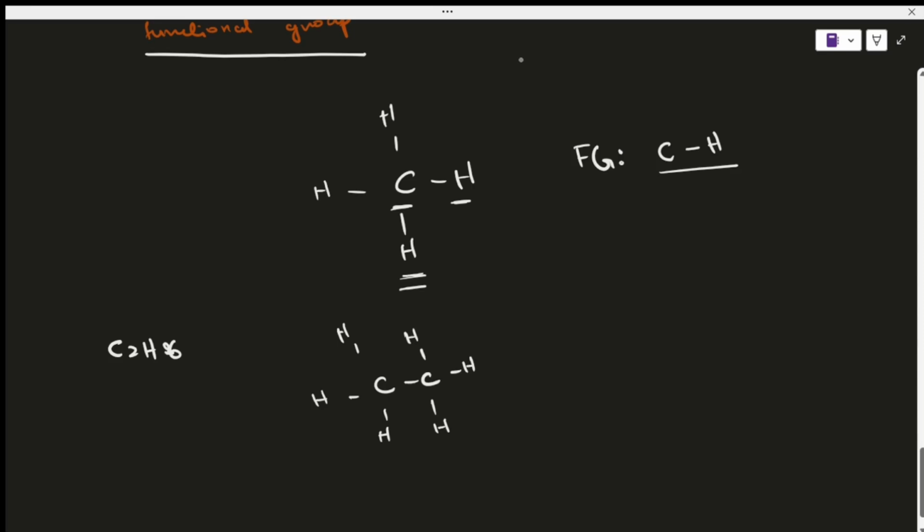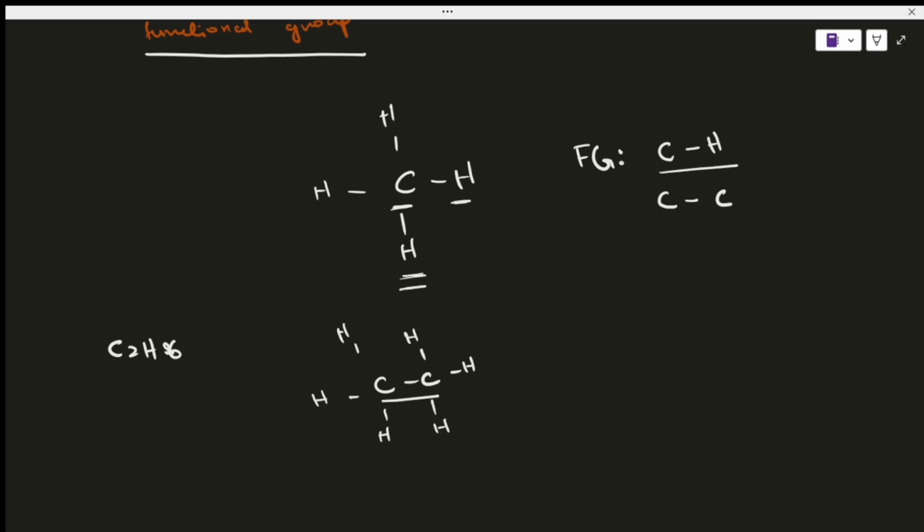Sorry, C2H6. Now here you have a carbon bonded to a carbon. So the series is going to have the functional group of a carbon bonded to a hydrogen or a carbon bonded to a carbon. Both of them can be called the functional group.